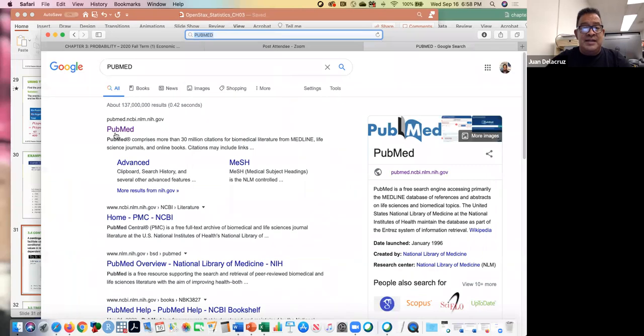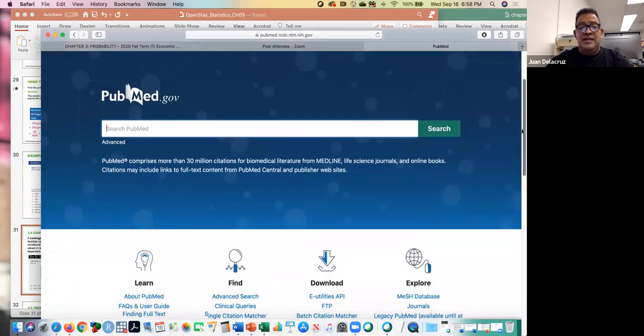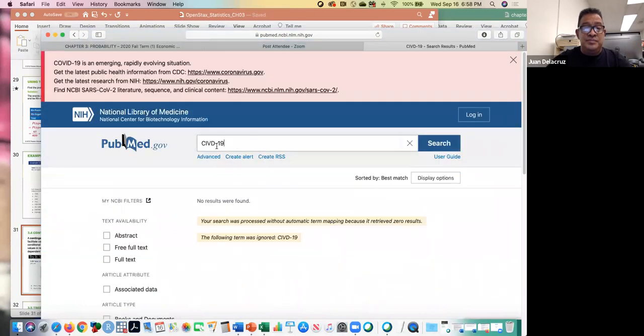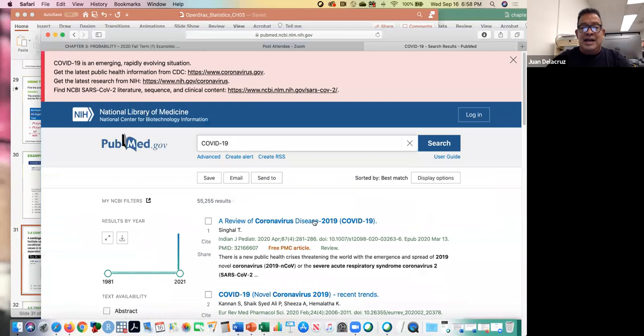This website is very good. You can find information on anything. For example, COVID-19, which is very recent. You can find information, and many of these research use this kind of information, like these contingency tables.